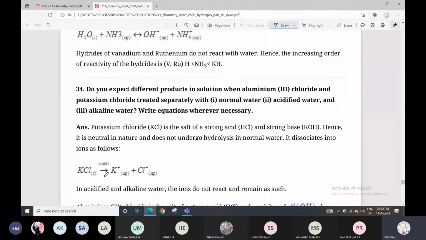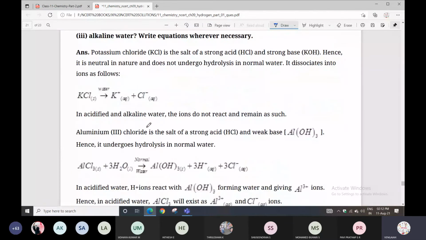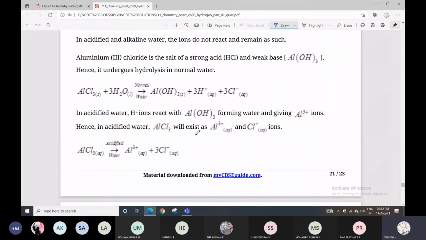Potassium chloride is a salt of a strong acid and a strong base. Hence it is neutral in nature and does not undergo hydrolysis in normal water. It dissociates into ions. In acidified and alkaline water, the ions do not react and remain as such.